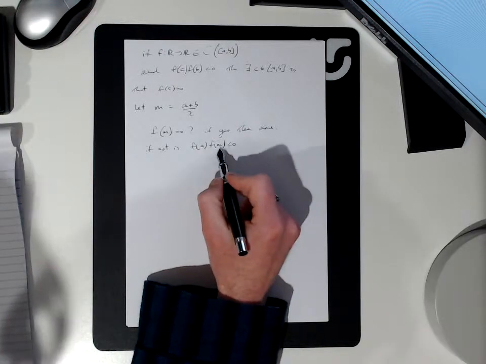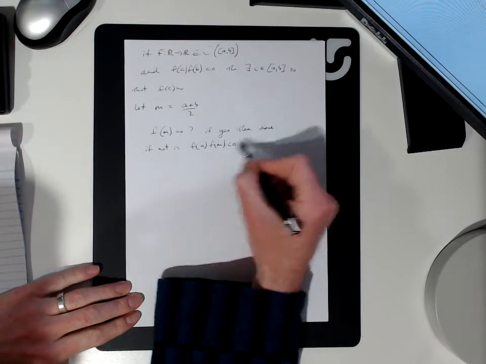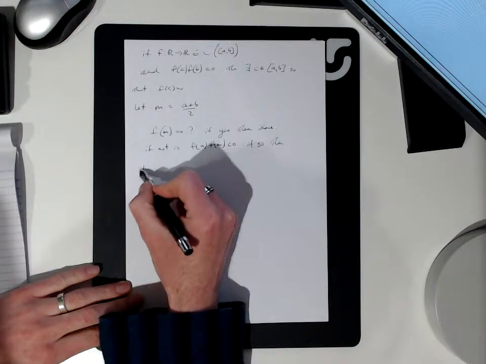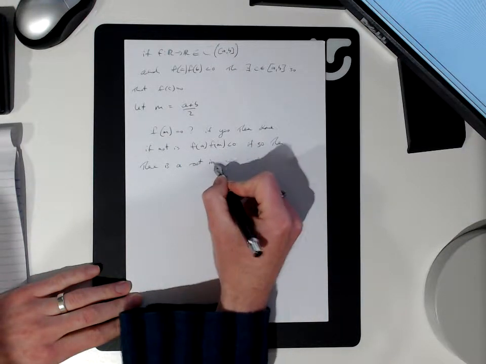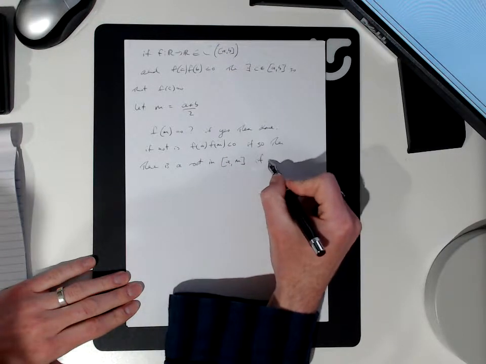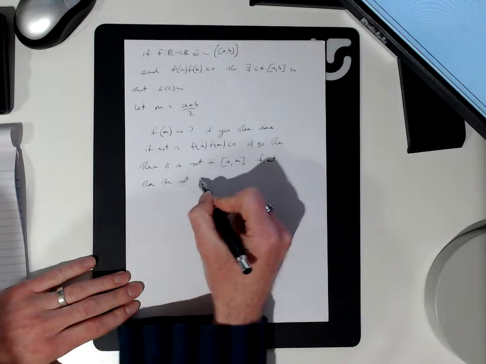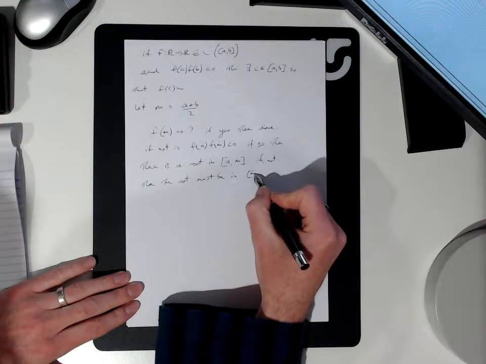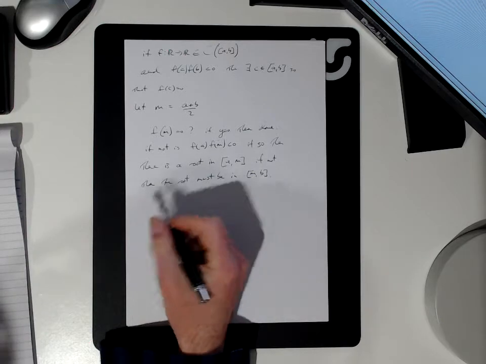Because if this has the opposite sign to that, then we know that there is a root in the interval [a, m]. If not, then the root must be in [m, b]. So pretty simple. Right, and then you repeat.